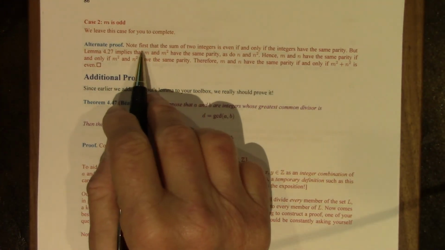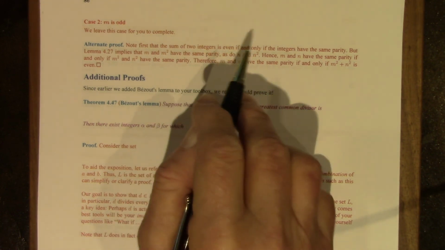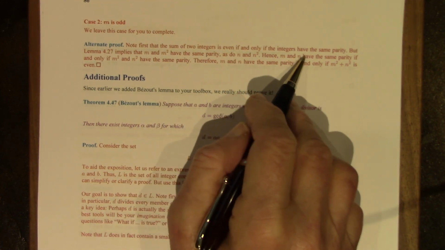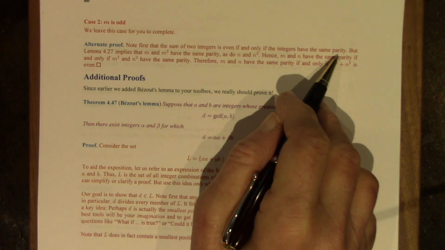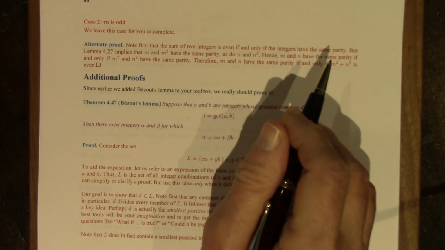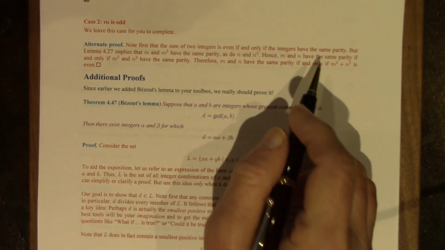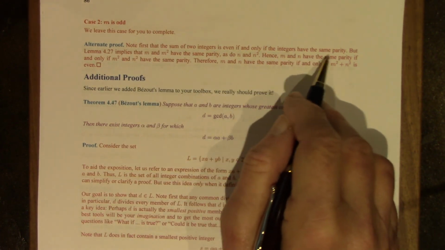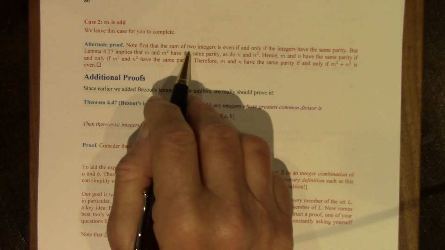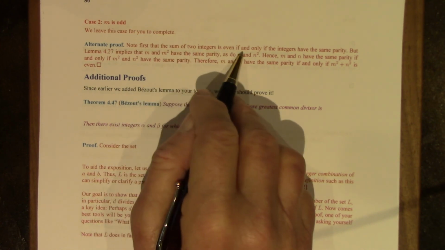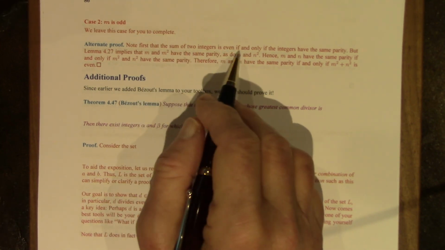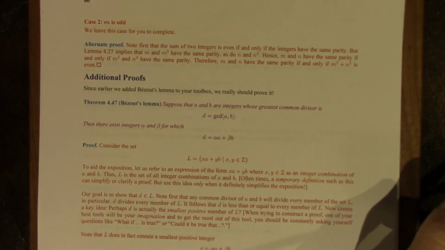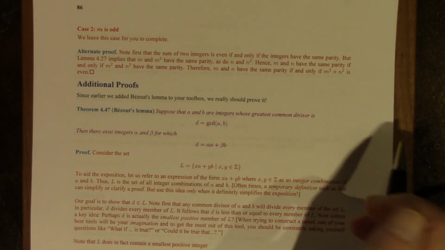Alternate proof. Note first that the sum of two integers is even if and only if the integers have the same parity. Actually, as I read this, I'm sorry I didn't say: note first that two integers have the same parity if and only if the sum is even. That sounds a little more like the point of this sentence, but it's okay the way it is.